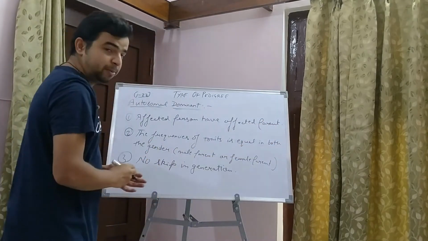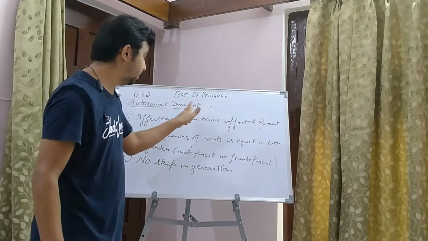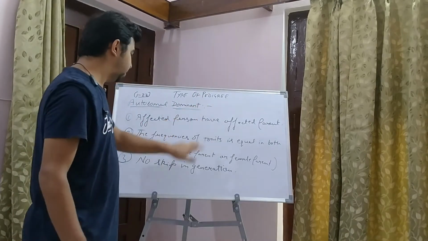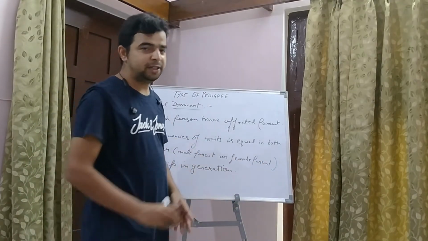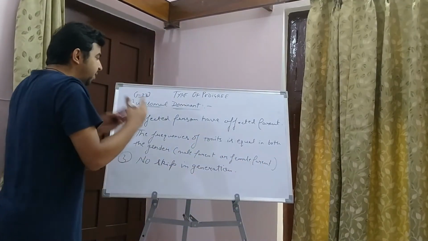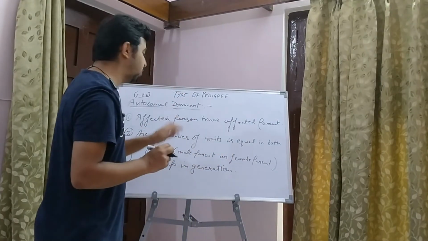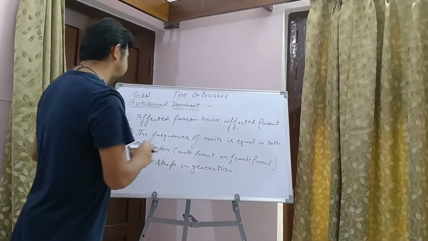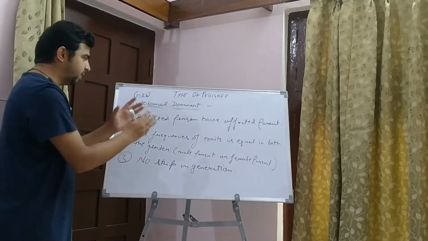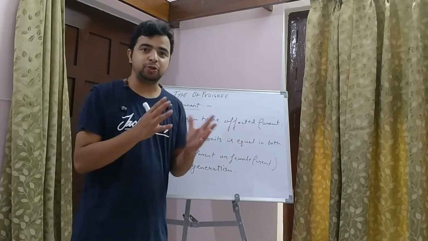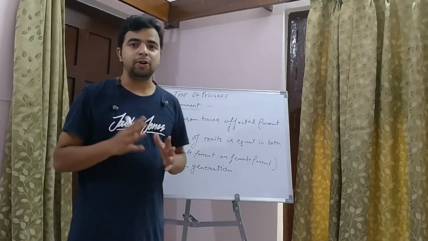In a similar way, this dominant trait will pass from generation to generation until and unless there is an alteration in that particular gene which is responsible for the trait. So these are some of the important points to be kept in mind for autosomal dominant traits.